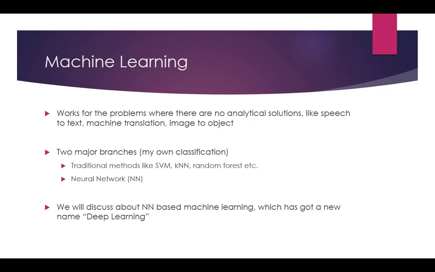The first one includes the traditional methods like support vector machines, k-nearest neighbor, random forest, etc. The second one includes neural network. In this tutorial, we will discuss neural network based machine learning, which has got a new name, deep learning, though there are specific differences between general neural network and deep neural network.